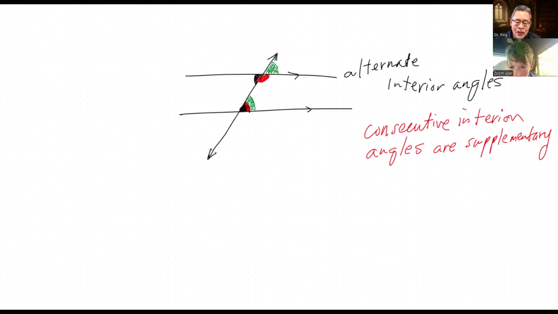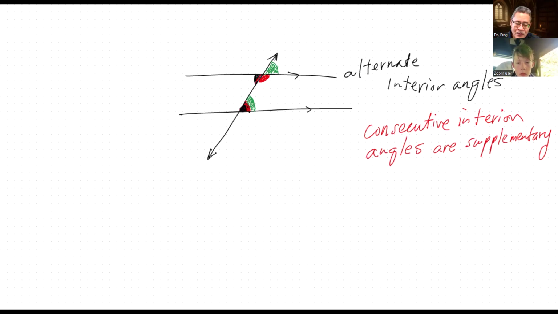Yeah, when we're doing parallel lines, we're talking about a pair of angles. So they have a relationship. That's why we give them specific names. So those two green, one is inside, one is outside, but on the same side of the transversal. No, consecutive already did.